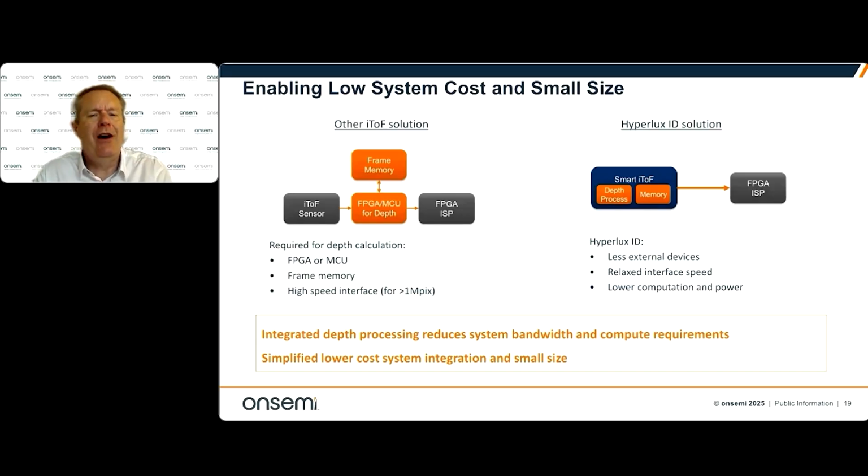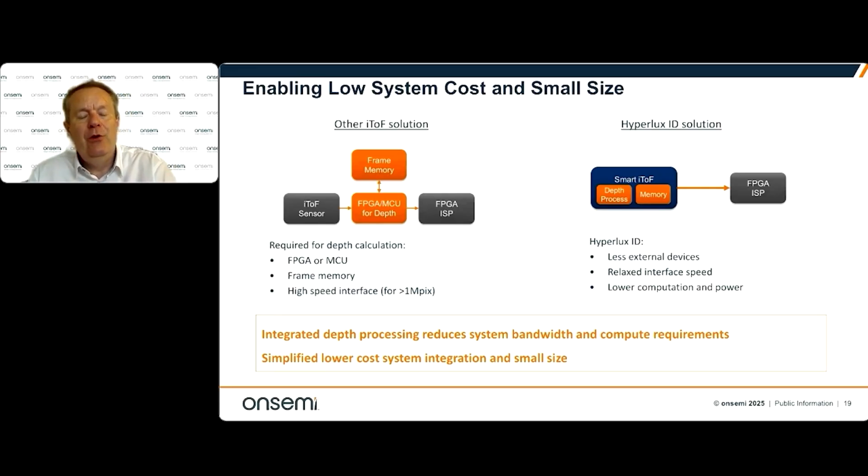So there's no other iToF solution that offers what we're offering with Hyperlux ID of having that depth process availability, having that in-pixel memory. So there's so many advantages of having Hyperlux ID, which I'll outline and summarize in a moment. So integrated depth process. So the things really to take away here, it's keeping that system cost low.